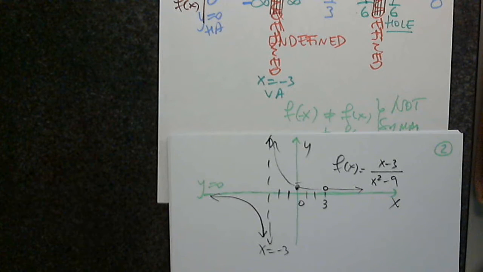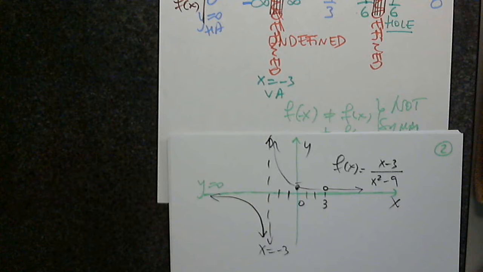So if you use zoom 6, because I used it for something else, I have to adjust the viewing window. Here's what we get. And the vertical asymptote is negative 3. So from 0, it approaches negative infinity on the left-hand side of x equals negative 3. On the right-hand side it is coming from positive infinity, and everything looks perfect.